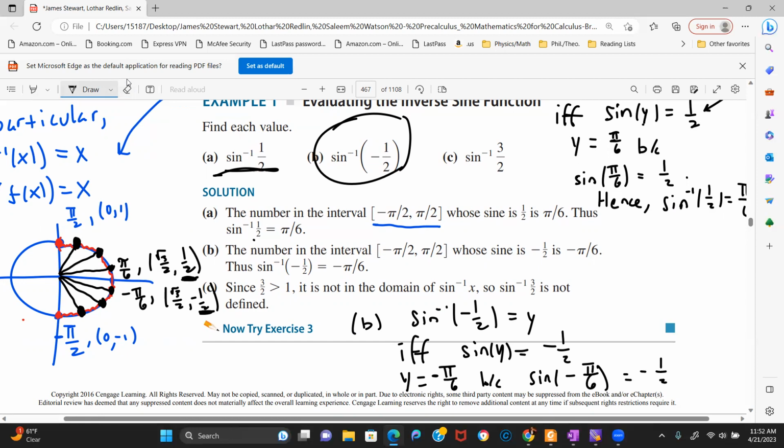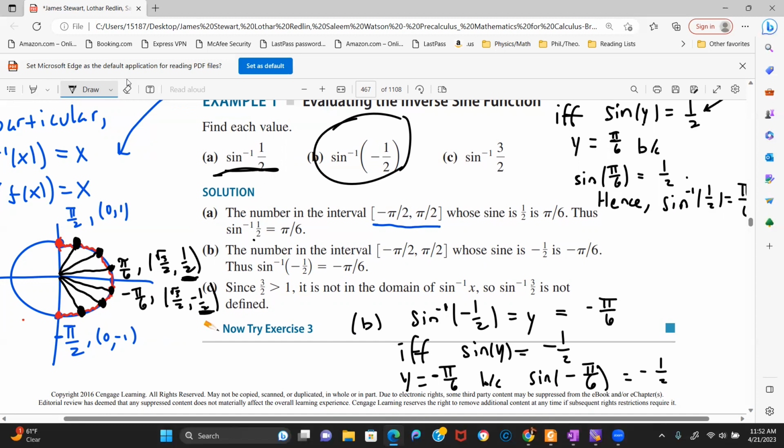And so that means sine inverse of negative 1/2 is equal to negative pi over 6.